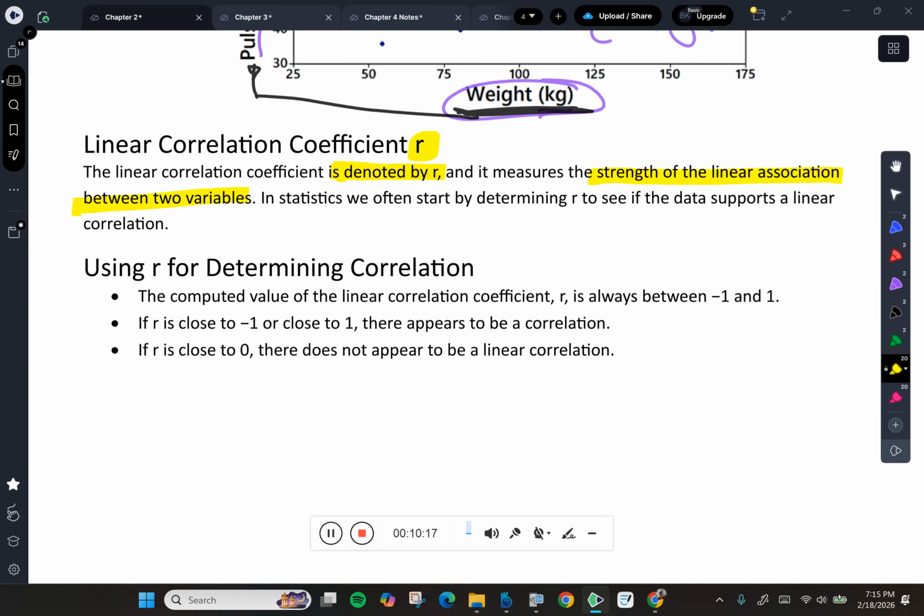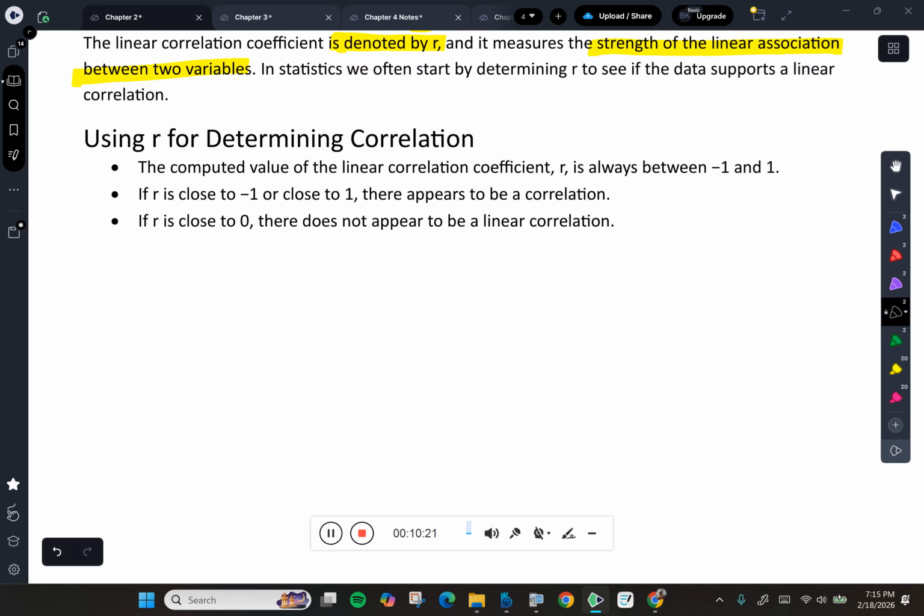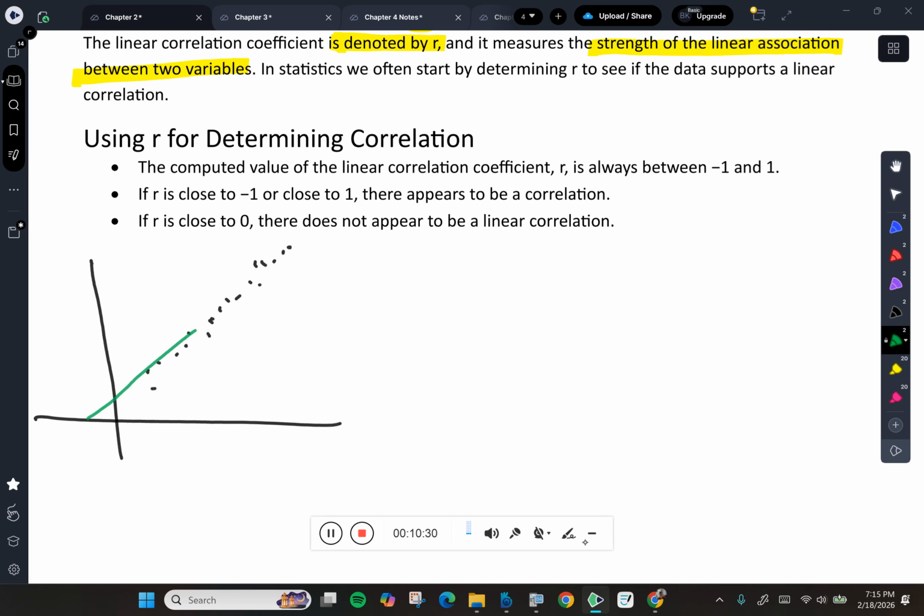Well, a strong linear association means that we're looking at something where the data, while not perfect, is pretty darn linear. So if I had data like that, a line goes through there really well and is really close to all of the points. So this would have a strong linear correlation.